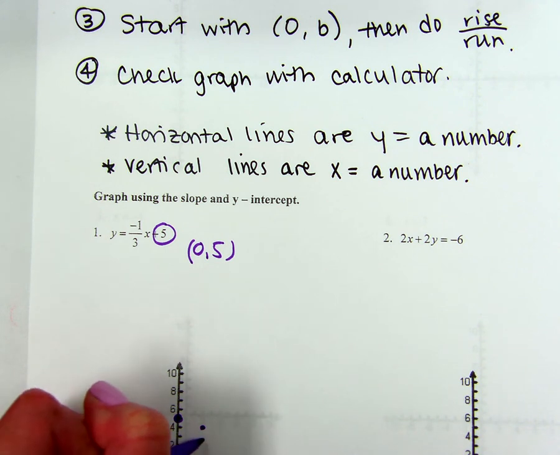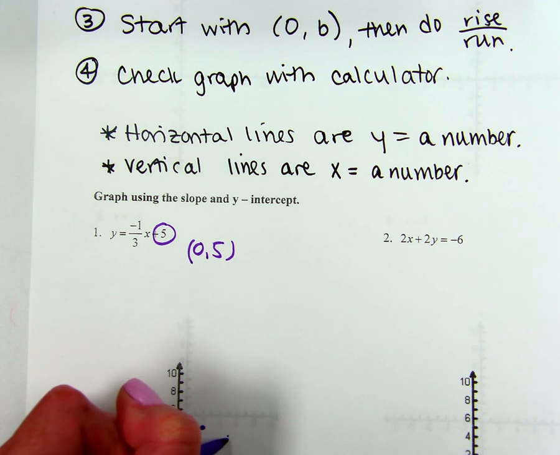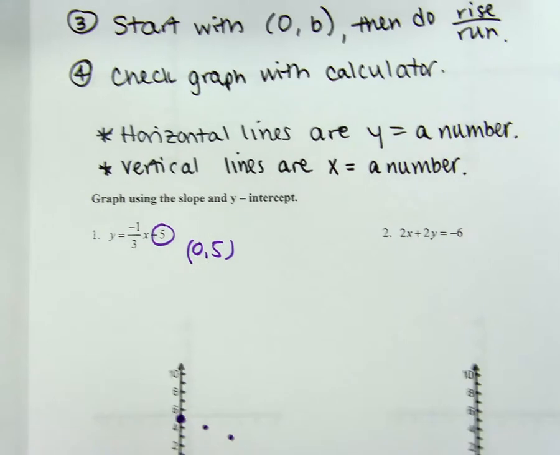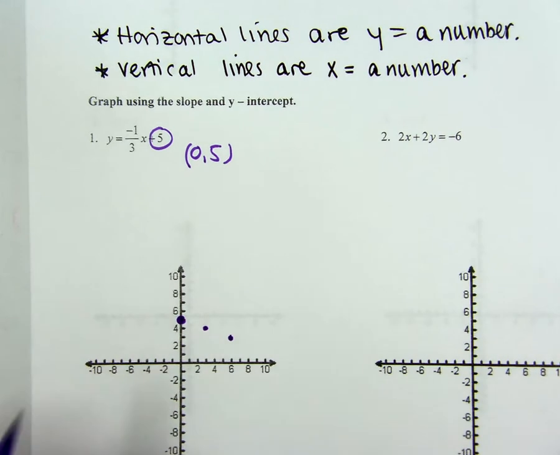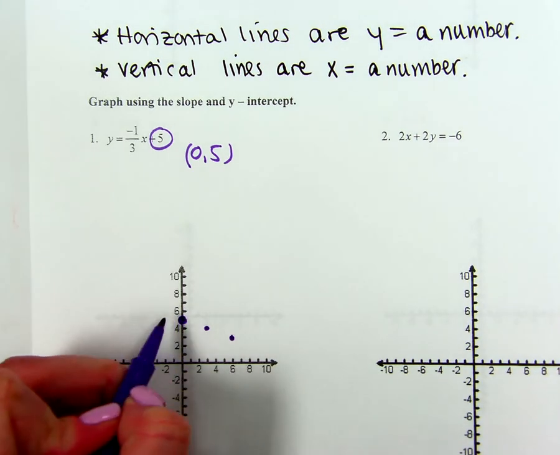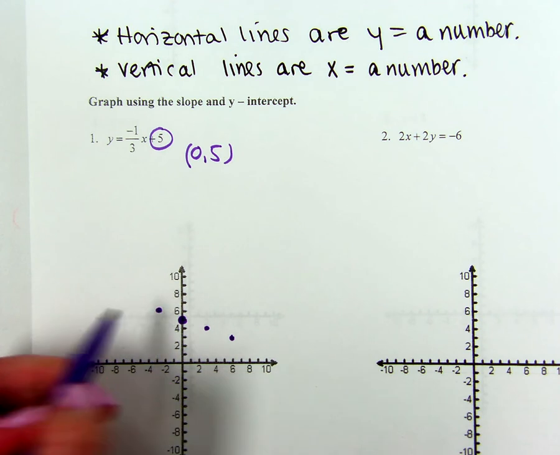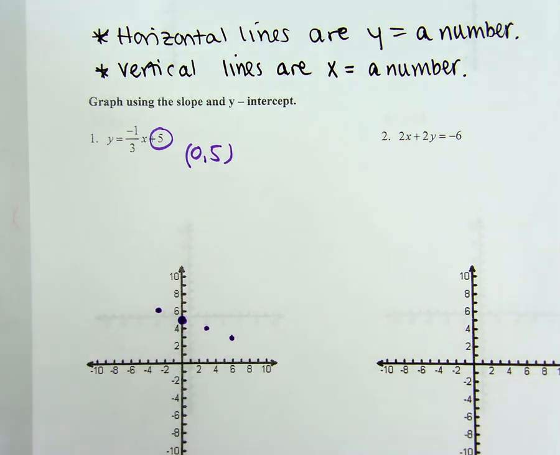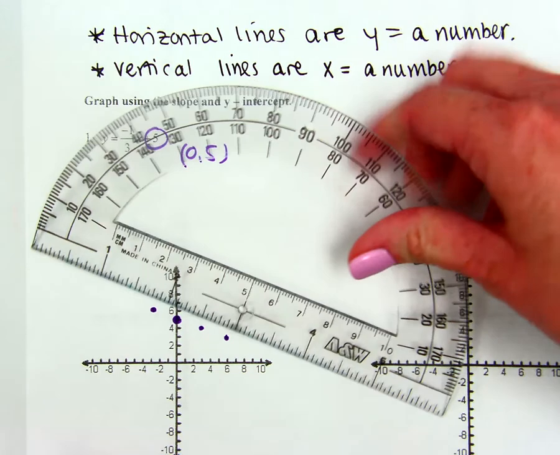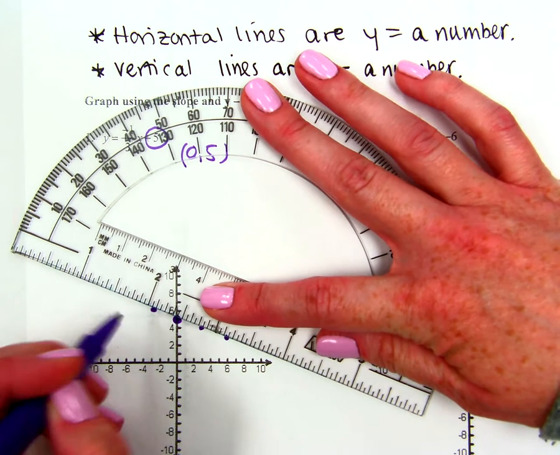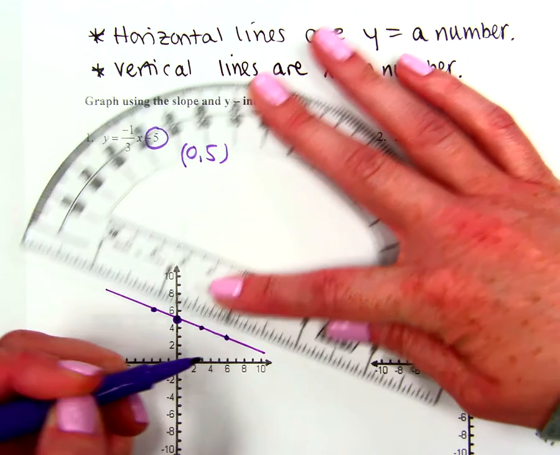Again, down 1 and to the right 3. We're also going to go up 1 and to the left 3. Once you've done that, grab a straight edge, and then all we're going to do is draw in that straight line.